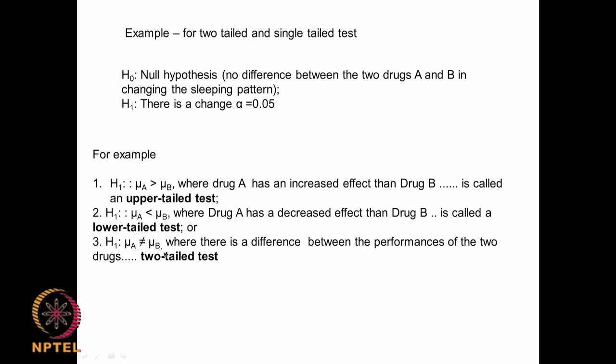For a two-tail test, your null hypothesis will be mu A equal to mu B, and your alternate will be mu A not equal to mu B. For a single-tail test, the null hypothesis could be mu A equal to mu B, and the alternate hypothesis could be mu A greater than mu B, that means drug A has an increased effect compared to drug B, or mu A less than mu B, that means drug A has a decreased effect than drug B. That is the upper tail and the lower tail.